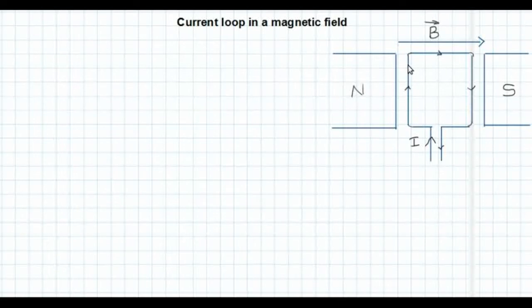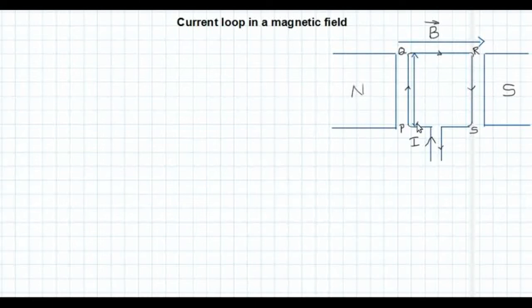Suppose that there is only a single turn of wire, but practically there will be a large number of turns. For simplicity, we are taking only a single turn of wire. Let P, Q, R and S be the four sides of the rectangular loop. Now we may mark the length and breadth of this loop.